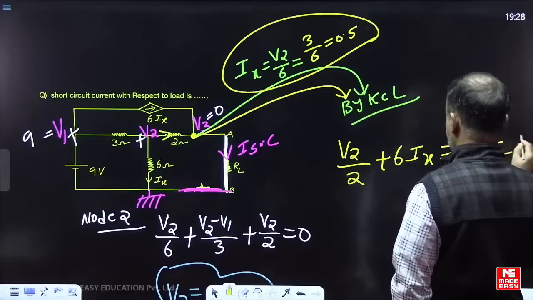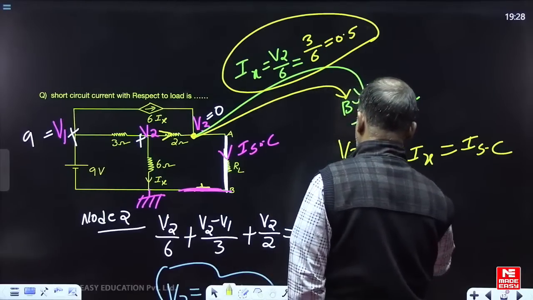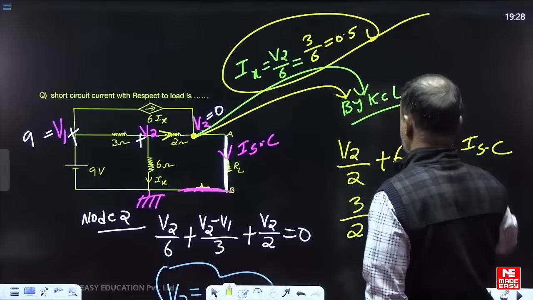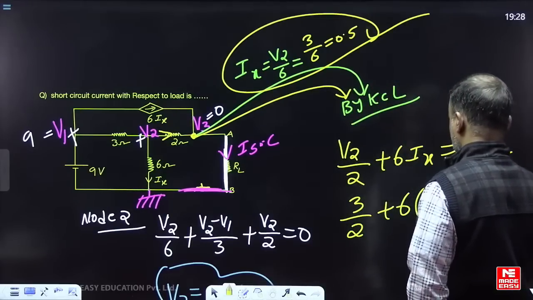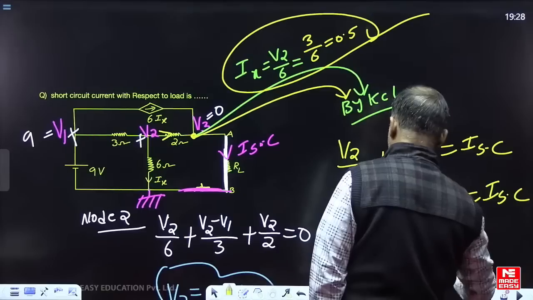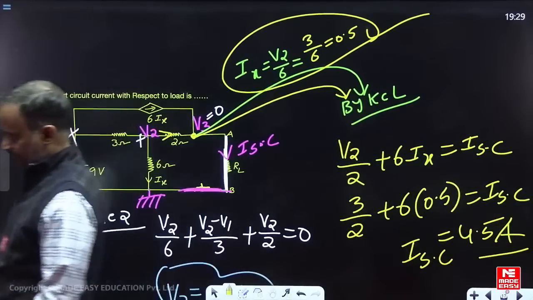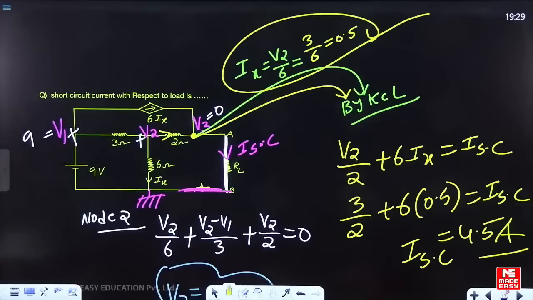V2 is 3 and IX is 0.5. Simplifying, can you find ISC? Check it out. ISC is 4.5 amperes. Very good.